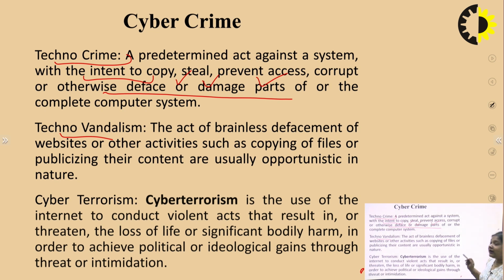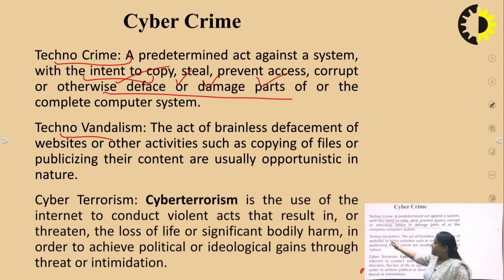So the meaning of technocrime is to damage the computer system or the entire network system which is used to provide some functionality to an organization. With the intention to damage the functionality, done with the use of computer systems, it is called technocrime.